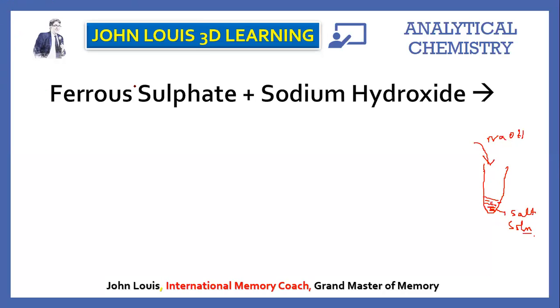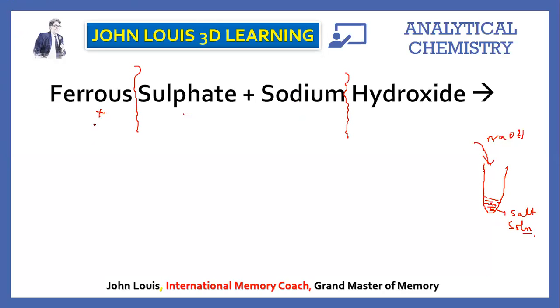Yeah, very good. Your answer is perfect, but I want the reason how you got that answer. You should be able to tell me: ferrous sulfate is a compound. Sodium hydroxide is also a compound. Therefore, when a compound reacts with another compound, a double displacement reaction will take place. What is meant by double displacement reaction?